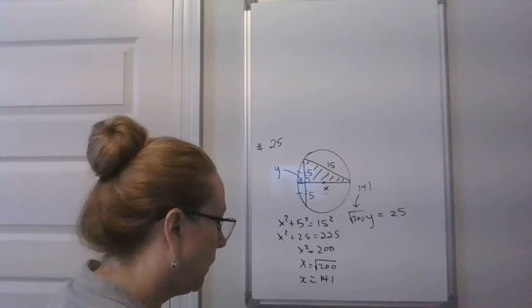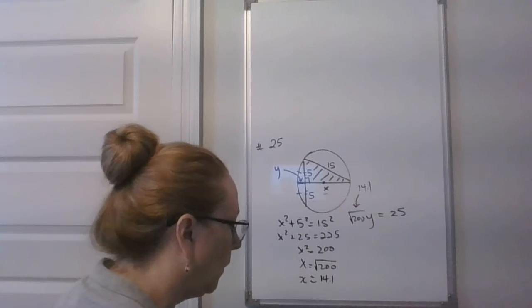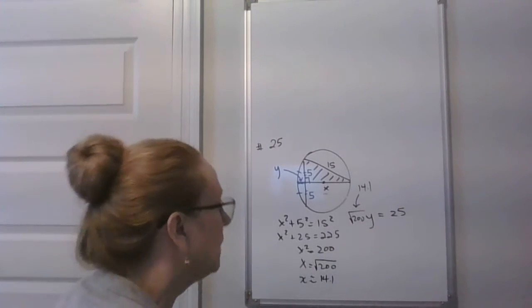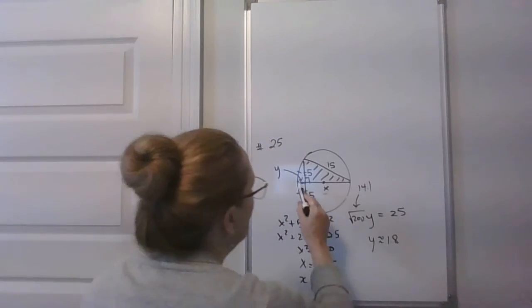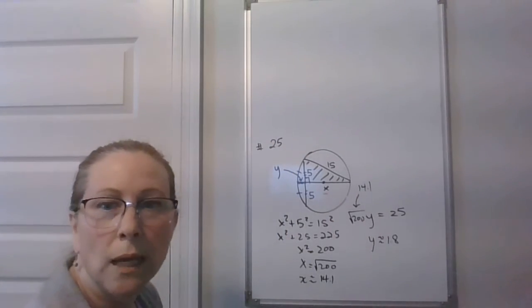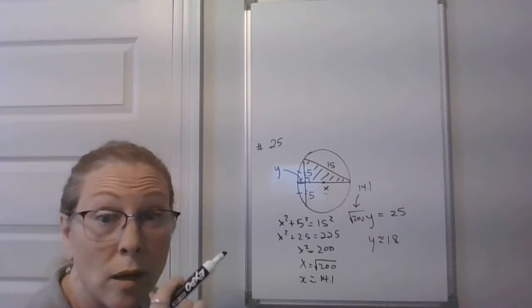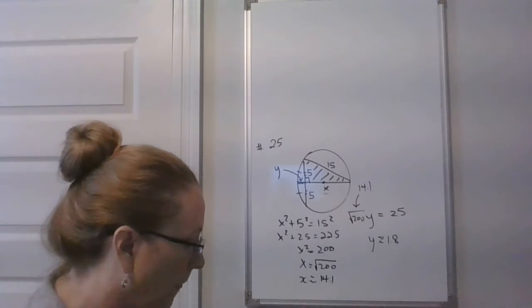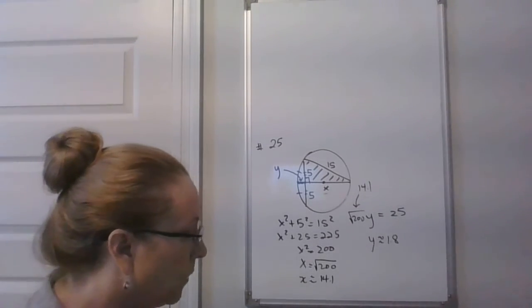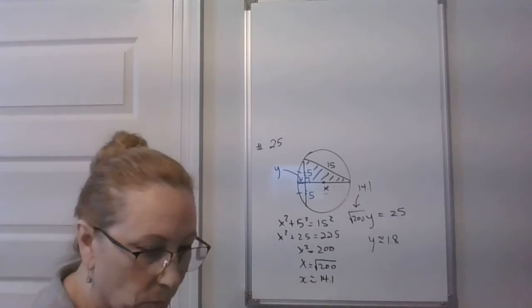So 25 divided by the square root of 200, or 14.1, will come out to 1.8. And yes, that's very proportional. A lot of times the pictures aren't to scale, especially if I'm hand drawing them on the board as quickly as I can. But most of the time they won't be deceptive, so you don't have to worry about that.